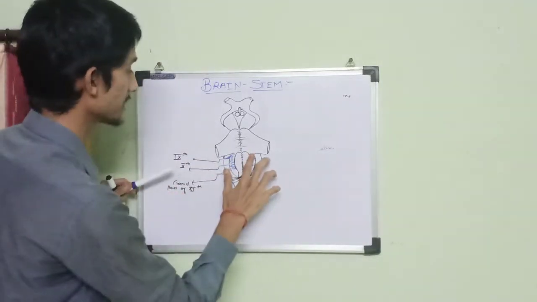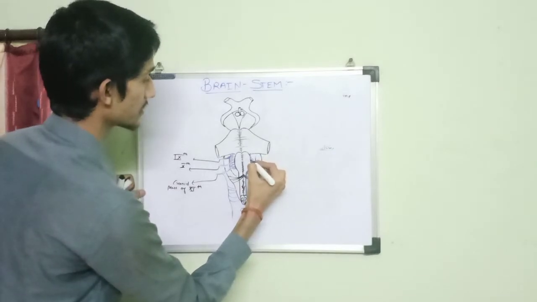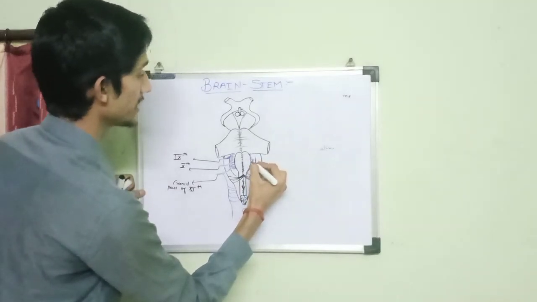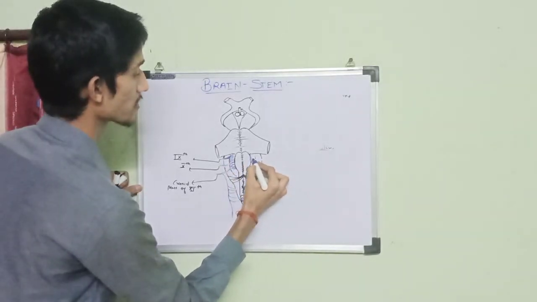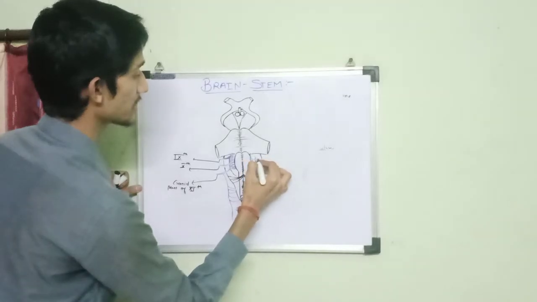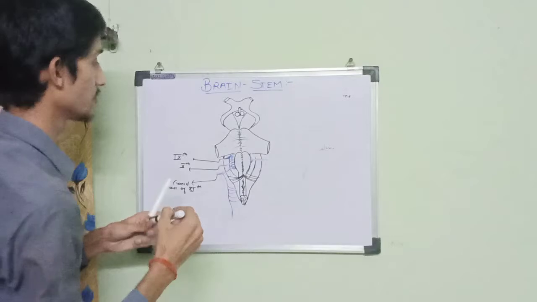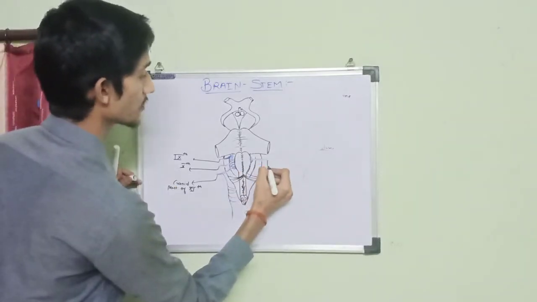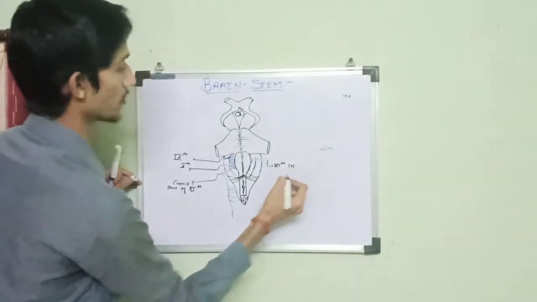Hypoglossal nerve arises as different rootlets. It arises in the form of 10 to 15 rootlets as hypoglossal nerve from the anterior sulcus. So this nerve is our 12th cranial nerve.